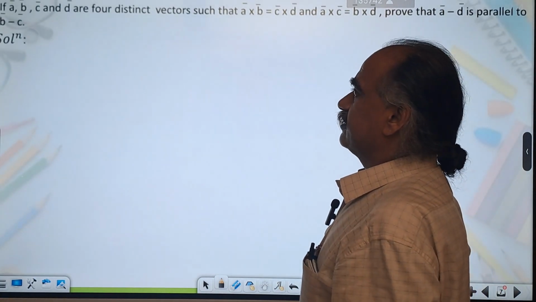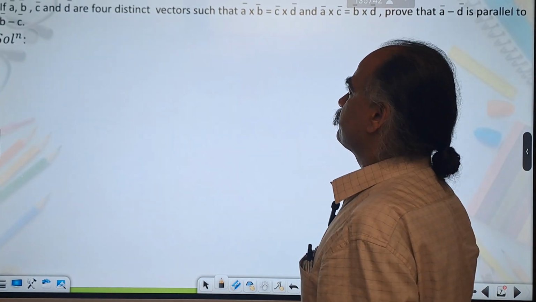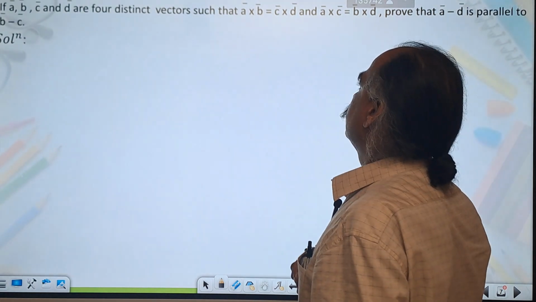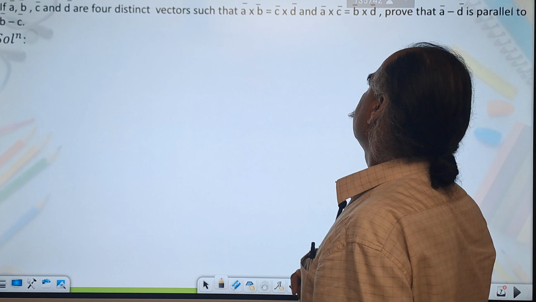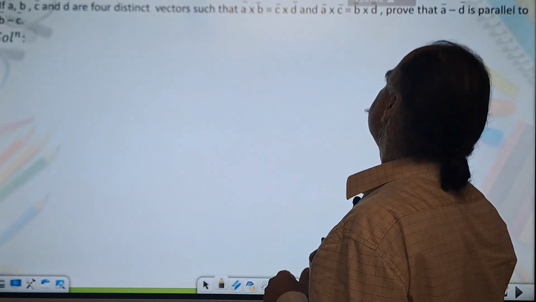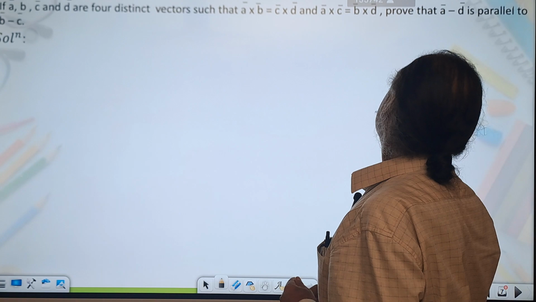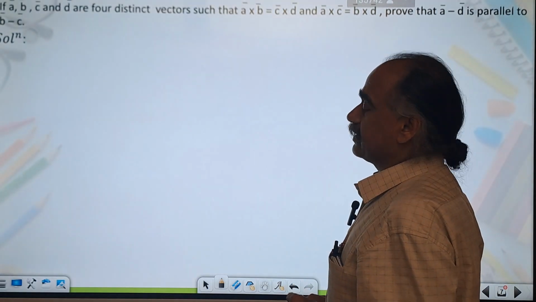If A bar, B bar, C bar and D bar are four distinct vectors such that A cross B is equal to C cross D and A cross C is equal to B cross D, then prove that A bar minus D bar and B bar minus C bar are parallel.